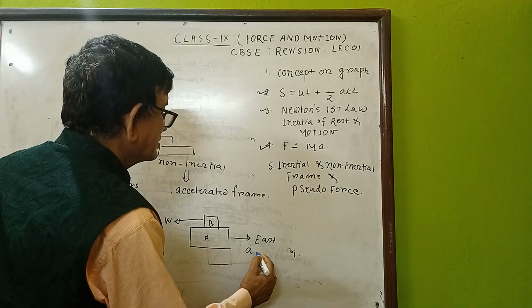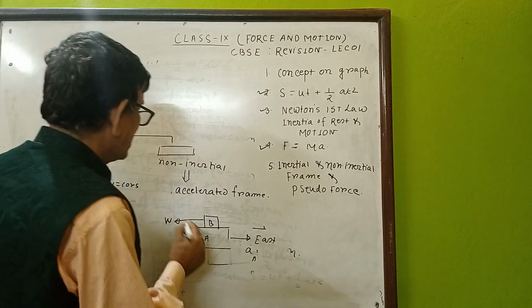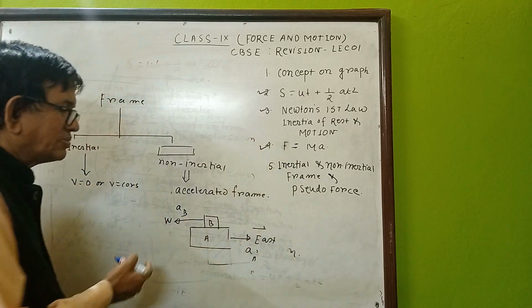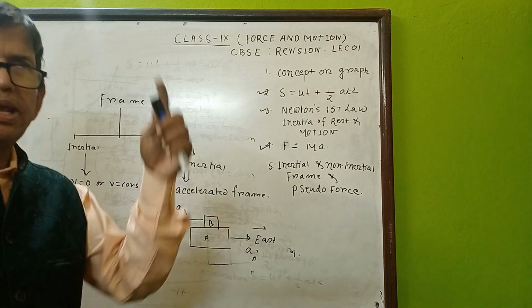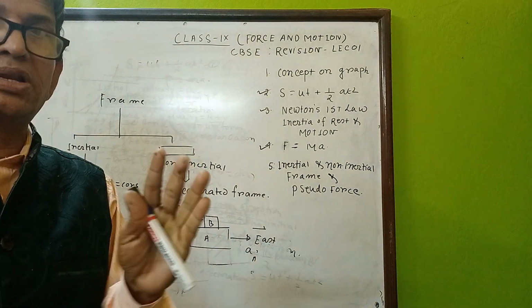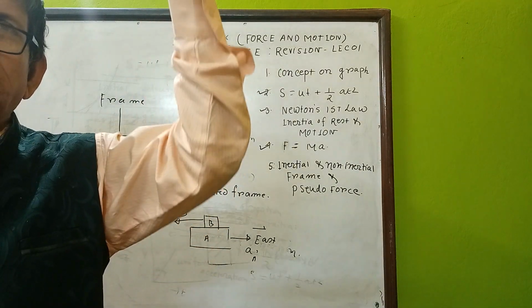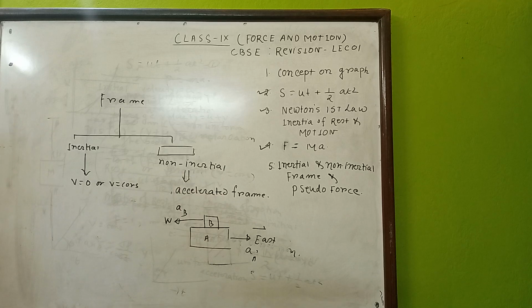If there is acceleration of A towards east, then the pseudo acceleration of B will act in the reverse direction, that is a pseudo acceleration. So in an accelerated frame, suppose a lift moves up or moves down with acceleration, then this system is known as a non-inertial frame. In that case also we are getting some pseudo force.